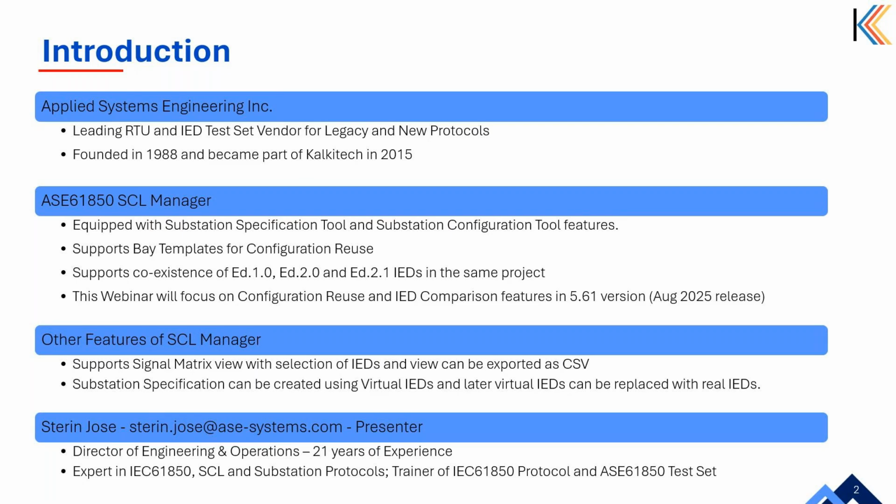A very handy feature is our signal matrix, which shows you GOOSE mapping, reports, sampled values, and easily provides an overview of how those signals are configured between subscribers and publishers and devices within that configuration.